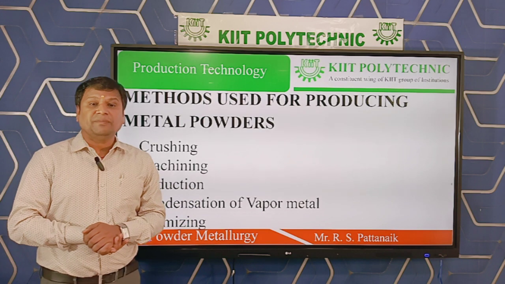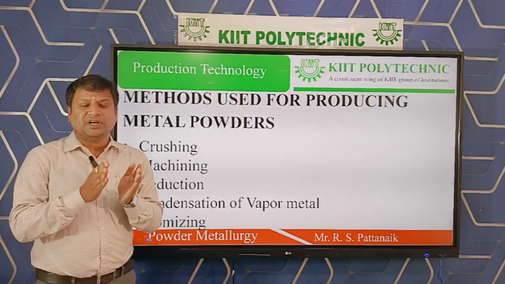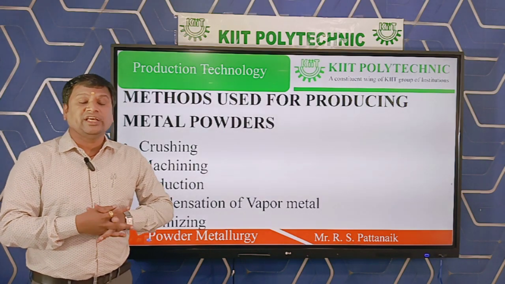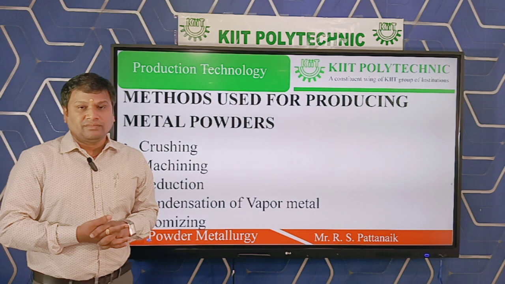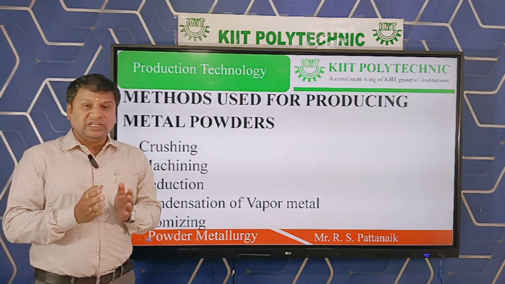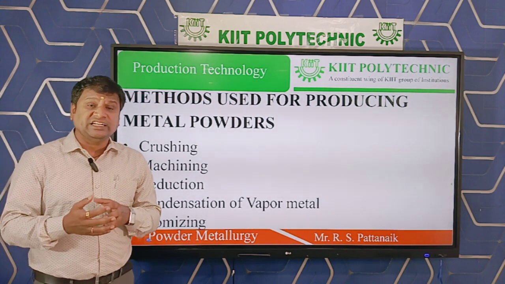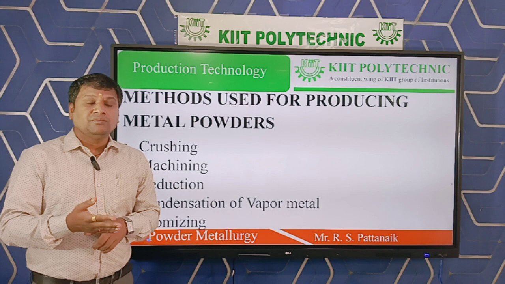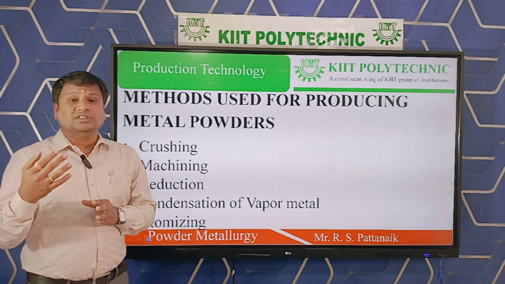Then condensation of vapor metal. This method is particularly used in case of zinc, cadmium and magnesium. For example, zinc oxide is heated with powdered charcoal to form zinc vapor.